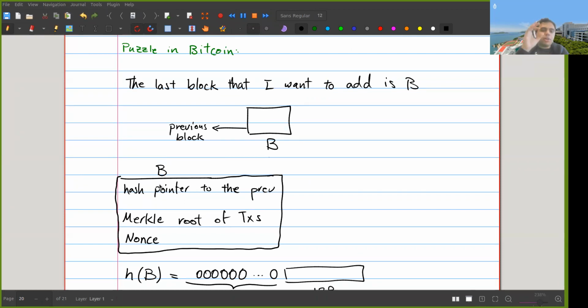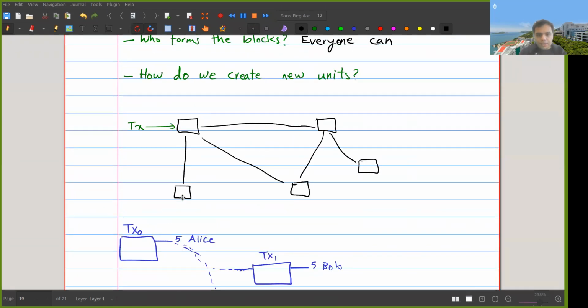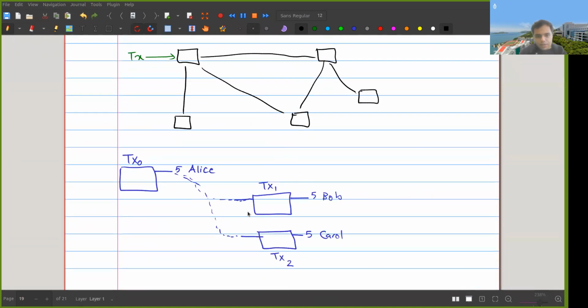So maybe there is a particular transaction that you are aware of, but I'm not aware of. So if I create the block, I will not put that transaction in, but if you create it, maybe you will put it in. So it might be that the blocks are different, not only in their nonces, but also in their transactions. And actually, this is a good example here. So suppose that I have two transactions that are doing a double spending.